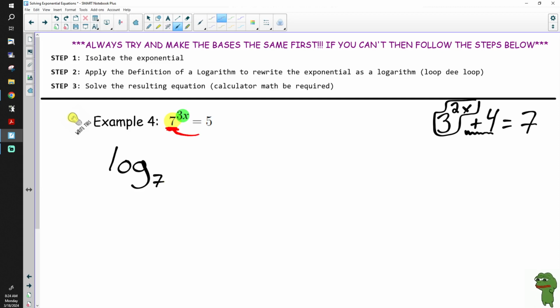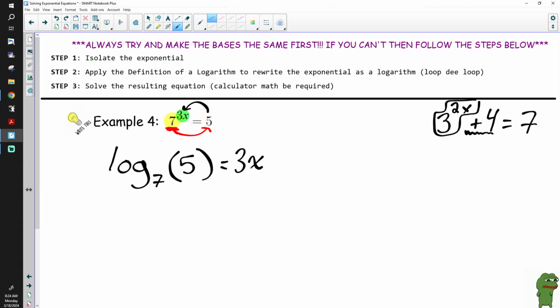Inside my log is going to be the 5, and then it's going to be equal to the exponent, 3x. So 7 became my base of my log.